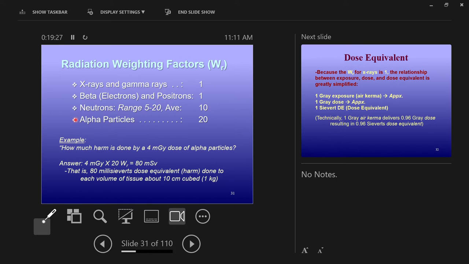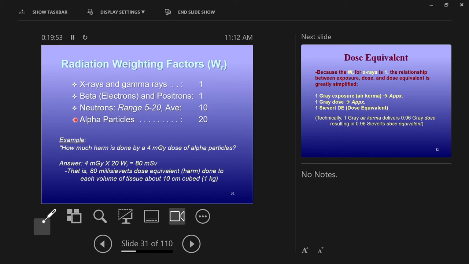I give you 1 gray of alpha radiation, 1 gray of X-rays. Okay, they look the same. So let's say your absorbed dose is 1 gray of alpha, and another person gets 1 gray of X-rays.